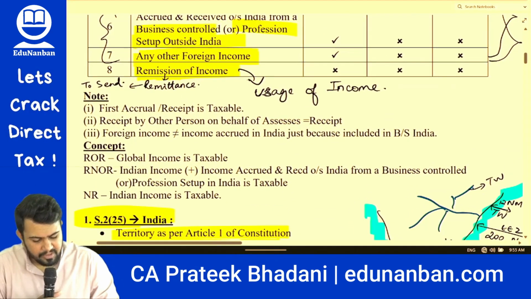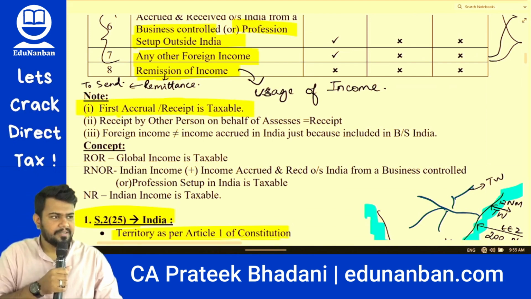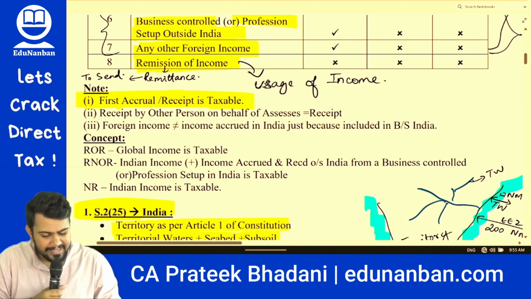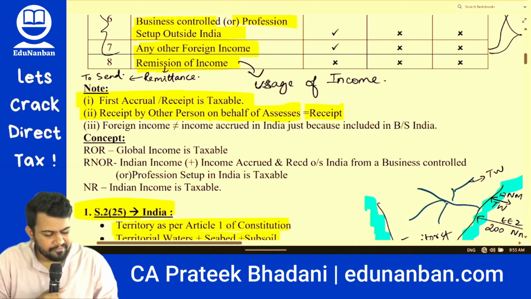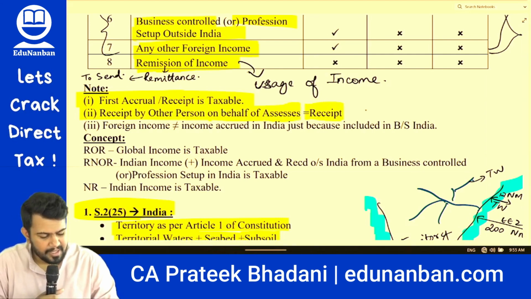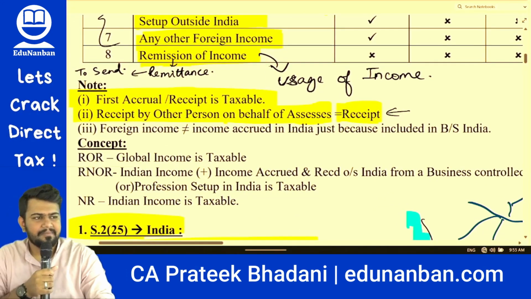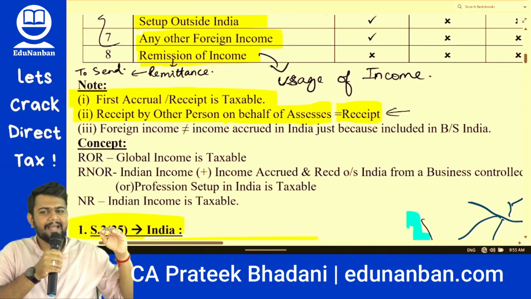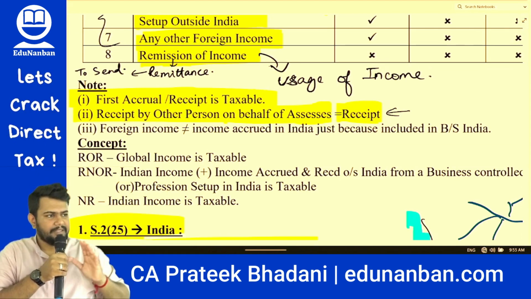Then in case of accrual or receipt, you have to see the first accrual or receipt. And next point, receipt by another person on behalf of the assessee will also be considered as receipt. Now listen very carefully. For example, if I am earning some income, I ask my employer to directly send the money to my mother.